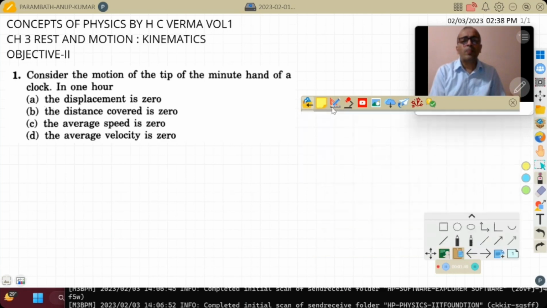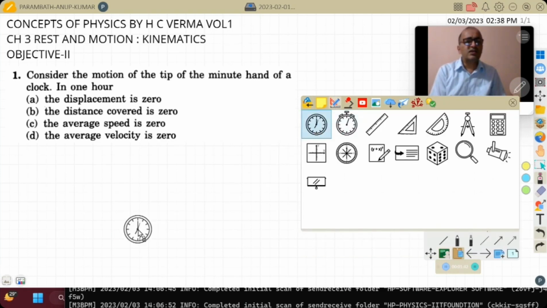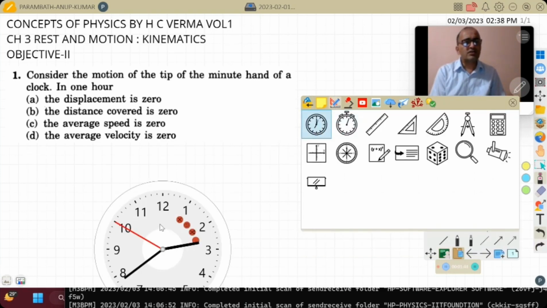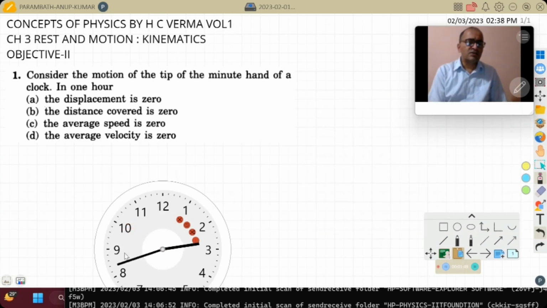So now, from the tip of the clock, it is saying that in 1 hour, let us say that the tip is here, let us say at 3 o'clock, and after 1 hour, what happens to this clock?